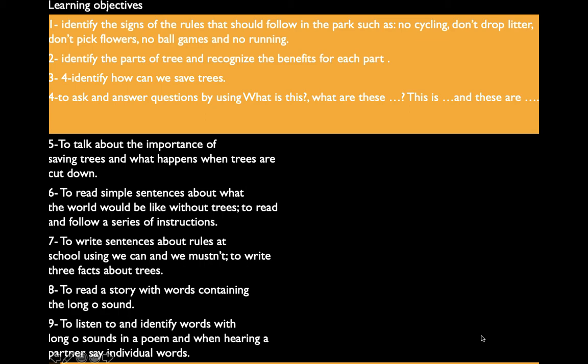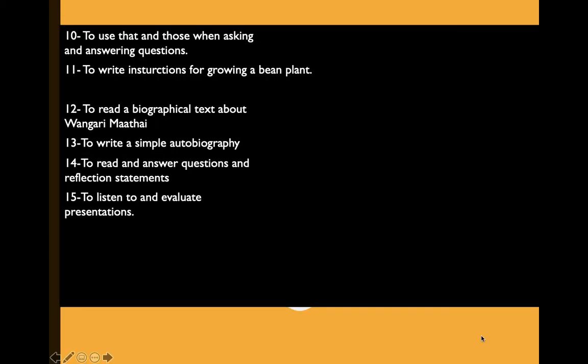Number eight, read a story with words containing the long O sound. Number nine, listen to and identify words with the long O sound in a poem and when hearing a partner say individual words. Number 10, use that and those when asking and answering questions. Number 11, write instructions for growing a bean plant.